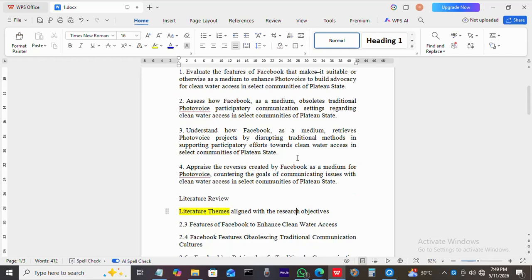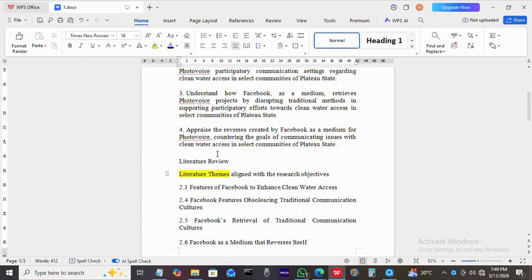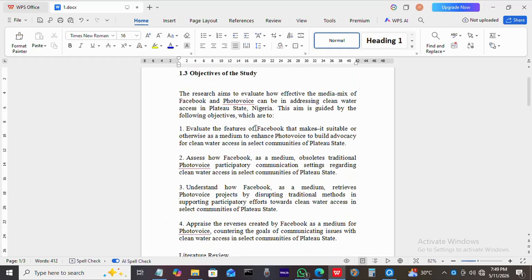So you have to extract key variables, key words or phrases that you can use as a literature theme. So you will see literature theme 1, 2.3. We were able to pick Facebook, we were able to pick clean water access.